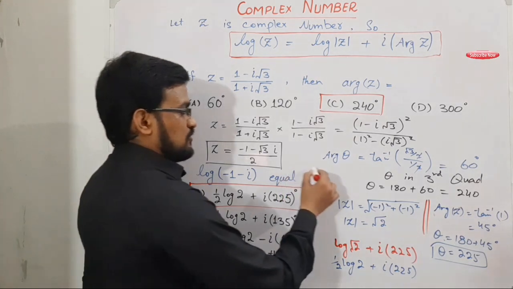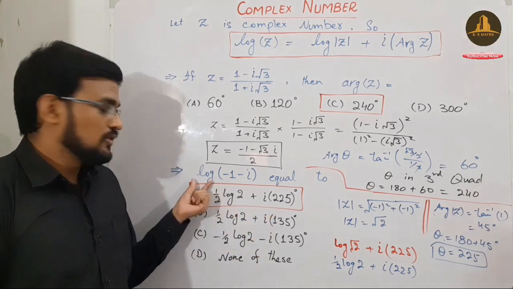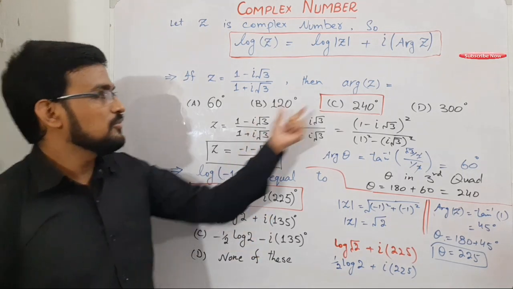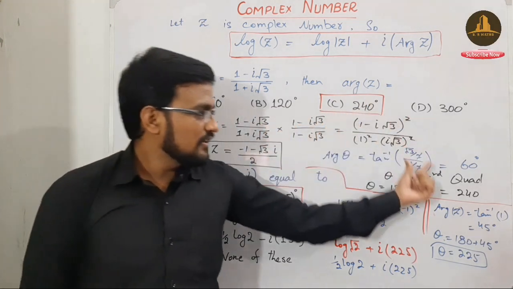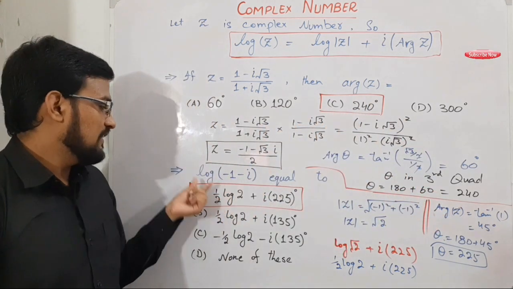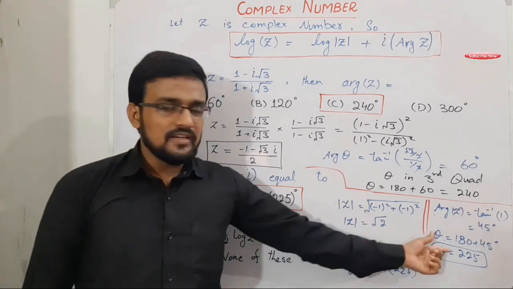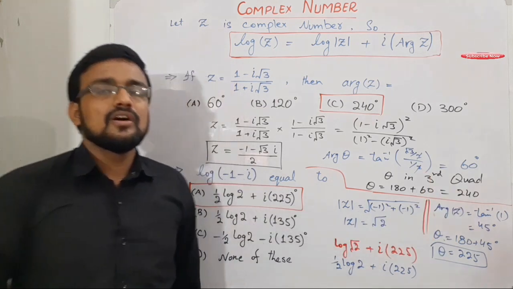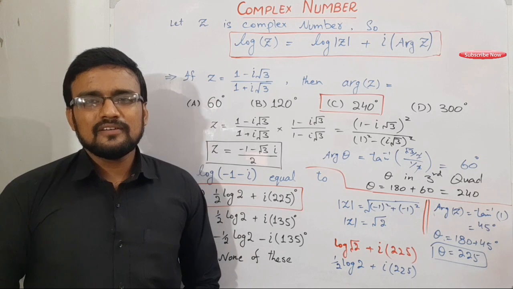Okay, so student, in today's lecture, two important topics: logarithm and argument. Finding the argument means simplify and then find the argument, and as well as finding the log of a complex number, you also need the modulus and argument. It means the argument of a complex number is the most important topic.